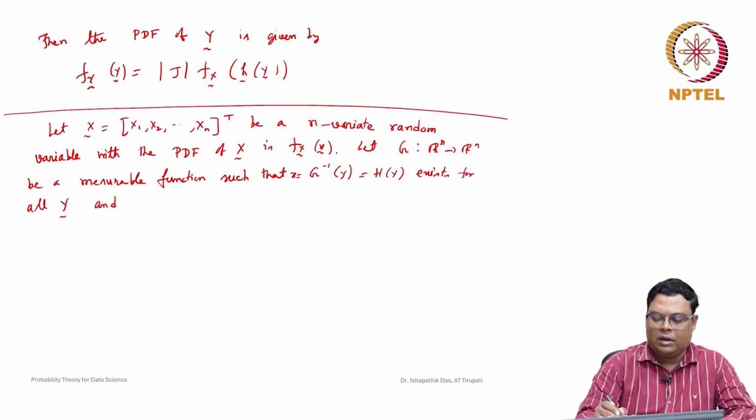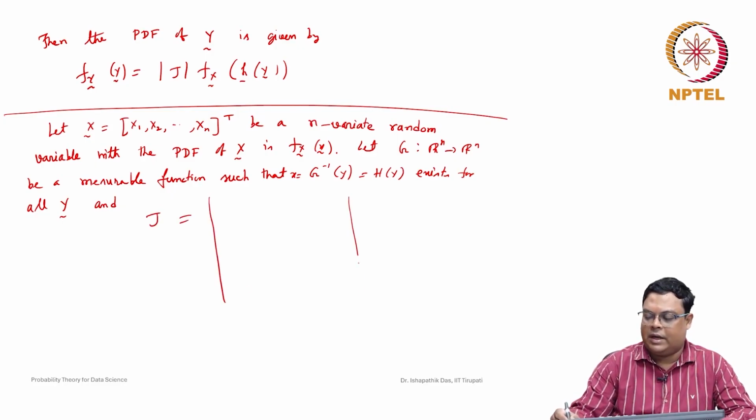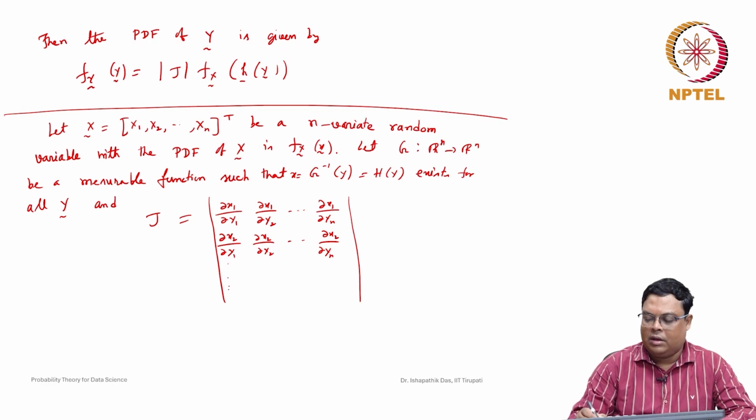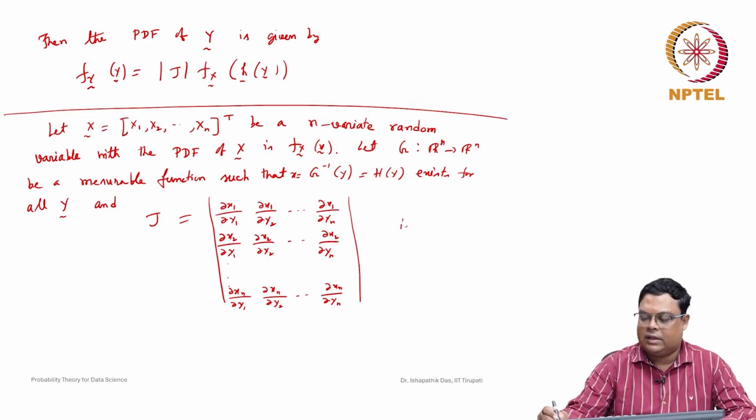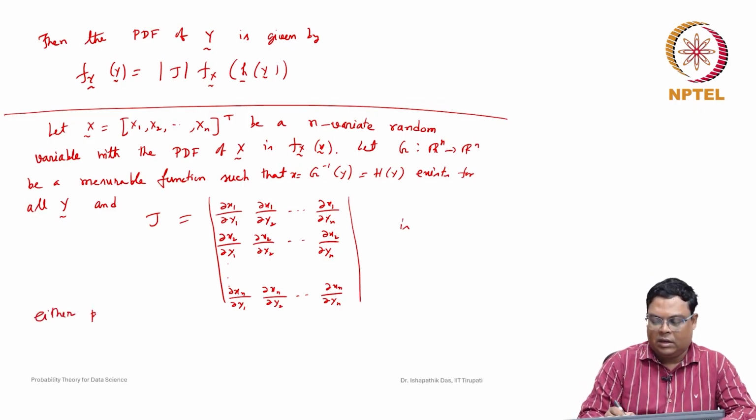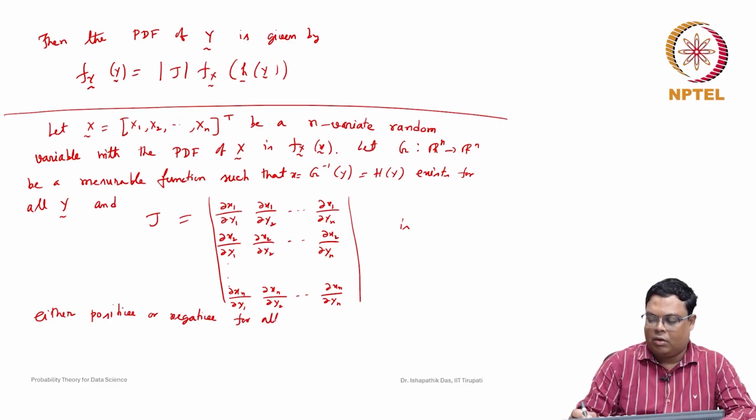And J is equal to the determinant of this matrix: ∂x1/∂y1, ∂x1/∂y2, ..., ∂x1/∂yn, ∂x2/∂y1, ∂x2/∂y2, ..., ∂x2/∂yn, ..., ∂xn/∂y1, ∂xn/∂y2, ..., ∂xn/∂yn, and it is either positive or negative for all y.